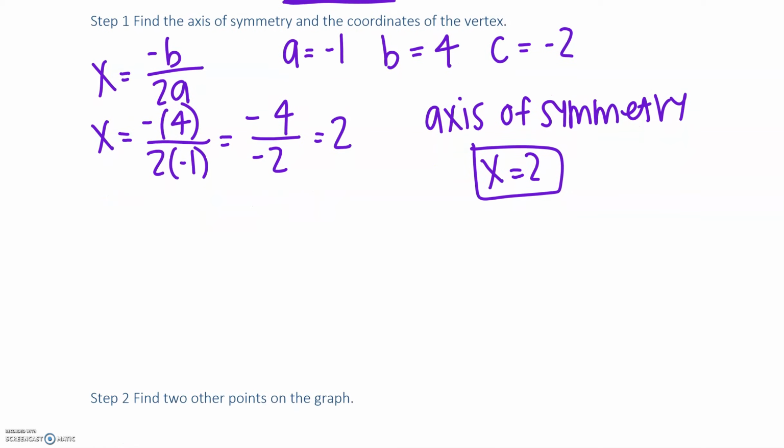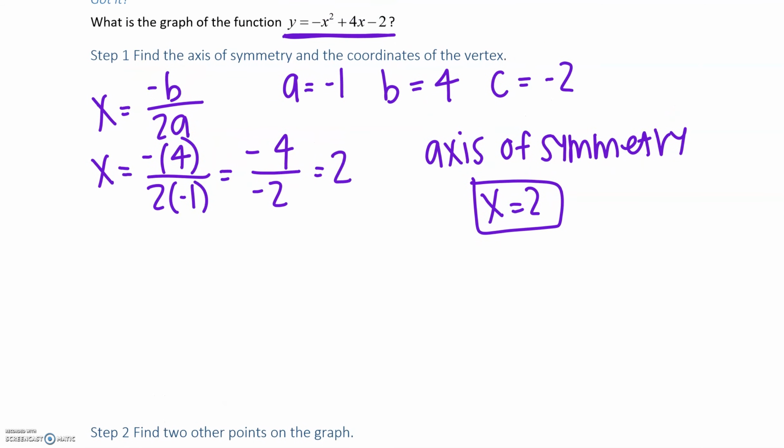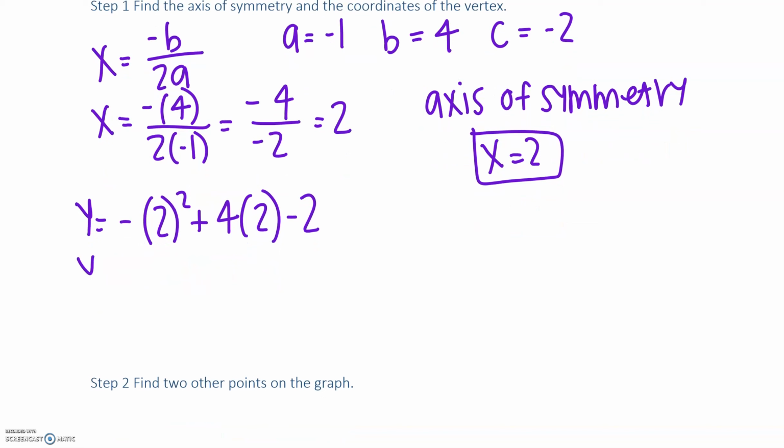From here we're going to plug this x equals 2 into our function. So we're going to have y equals -2 squared plus 4 times 2 minus 2. When we do that, we have y equals negative 2 squared is going to be 4, plus 4 times 2, which is 8, minus 2.